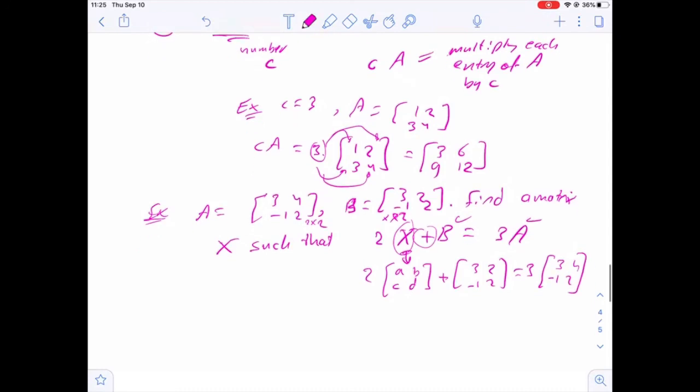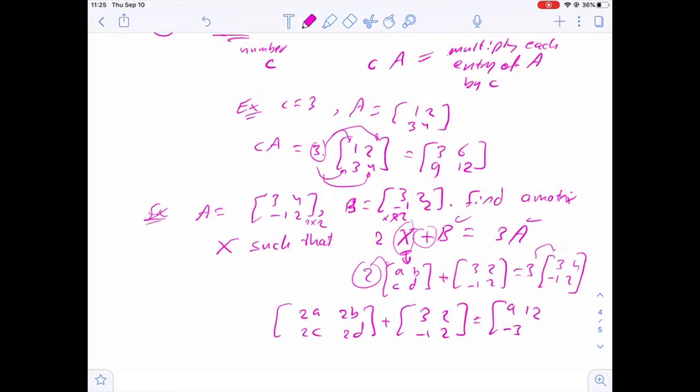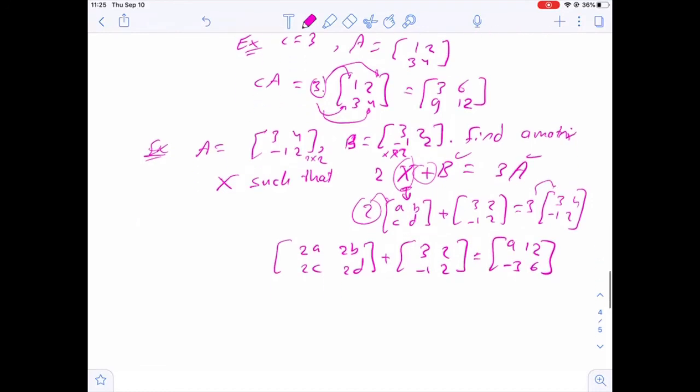We multiply each entry by the scalar, and we get 9, 12, negative 3, 6. Then we add the corresponding elements of the two matrices.